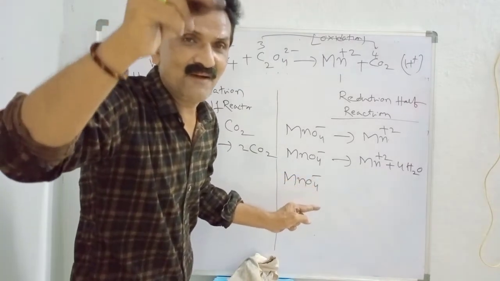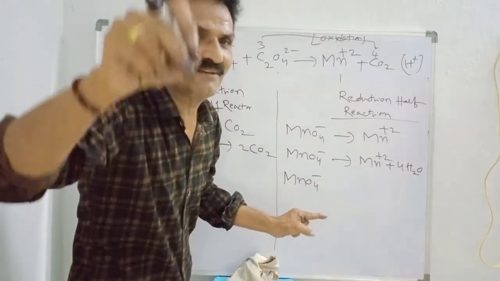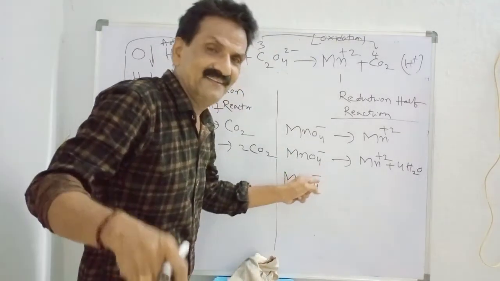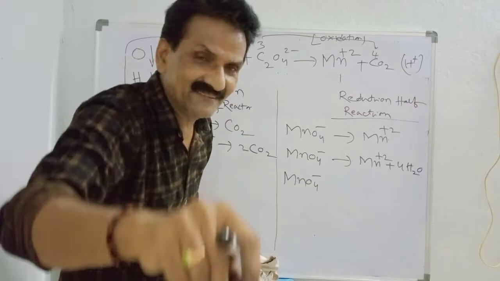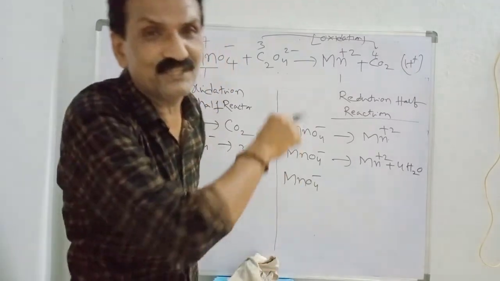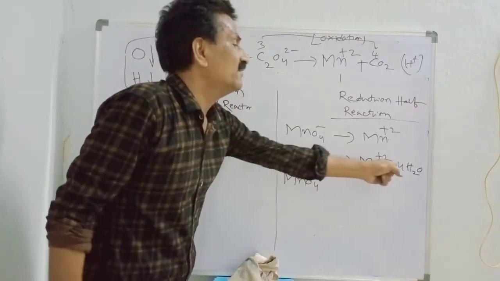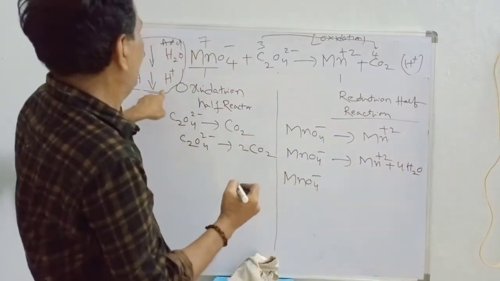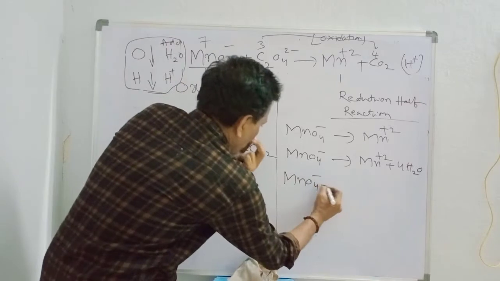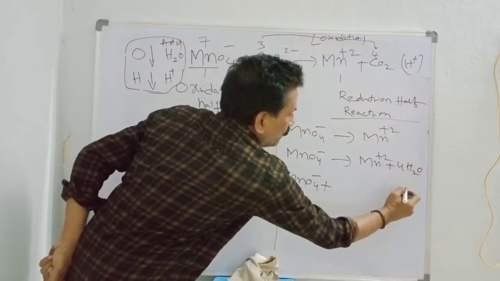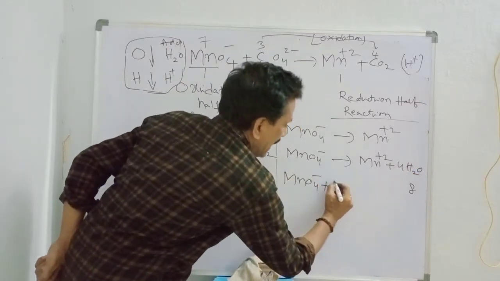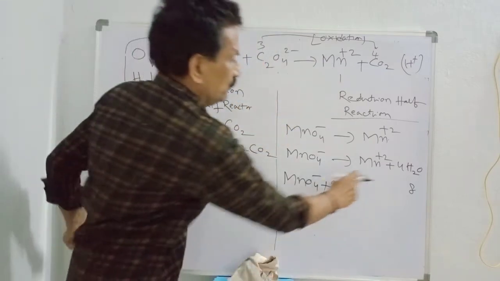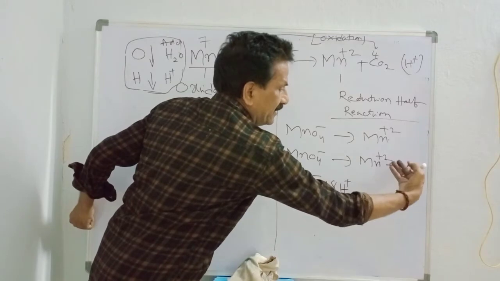Where hydrogens are deficit, we have to compensate 4 into 2, 8H. So hydrogens less, we add H plus. So I am going to do 8H plus.